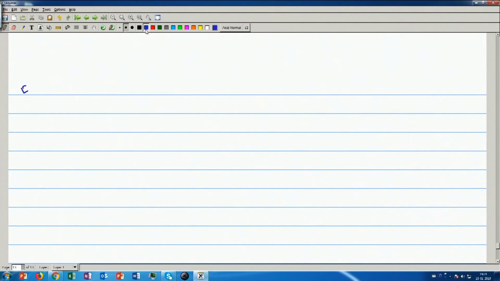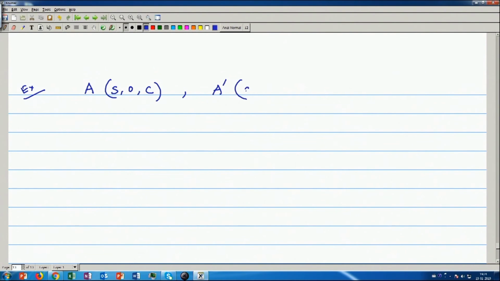We can write it in a different way. Take one example: (S, O, C) and (S', O', C'), these are two algebraic systems.